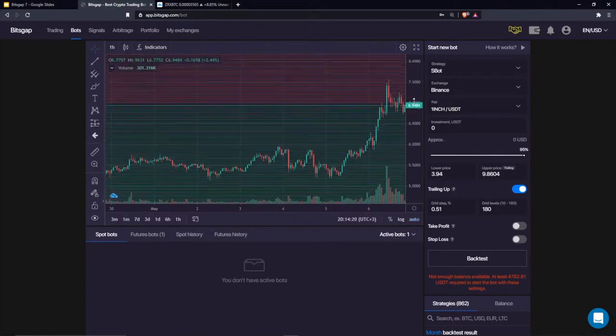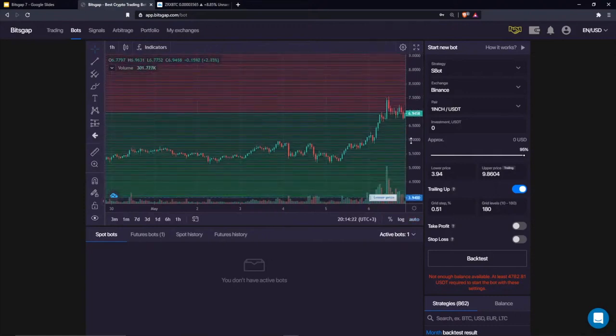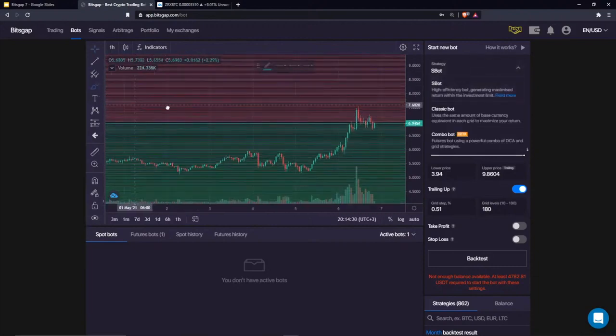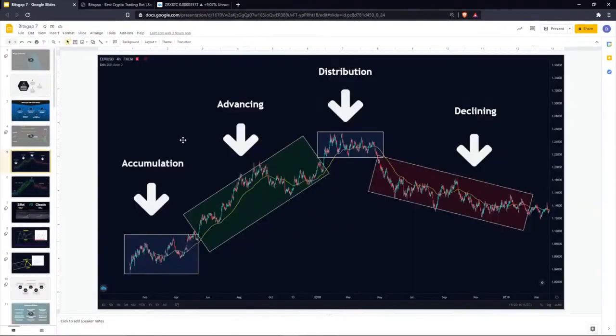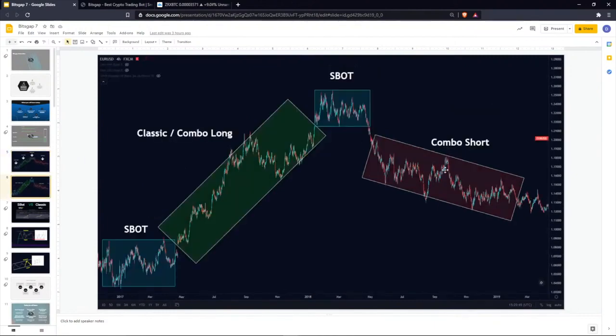I hope I provided you with enough of the insights as of today, and you now have better understanding how to trade the spot market, like when to trade the SBot, the sideways market, when to trade the classic bot, that's the advancing market phase, and when to trade the combo bot on the long market, like on the rally and on the downfall.